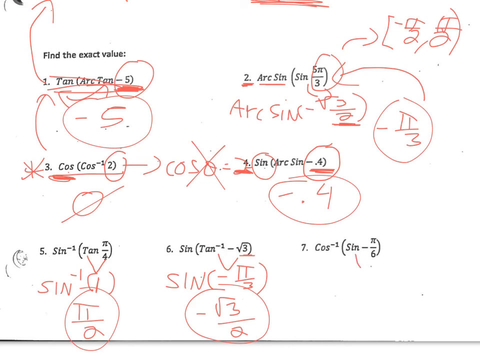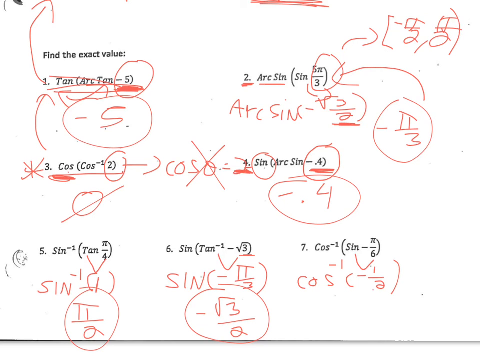Okay, this one, I work in to out. So sine of -pi over 6, that's in the 4th quadrant. And the y value at -pi over 6 is -1/2. And then when I take the inverse cosine of it, now for inverse cosine, I look at the top half of the unit circle, first and second quadrant.